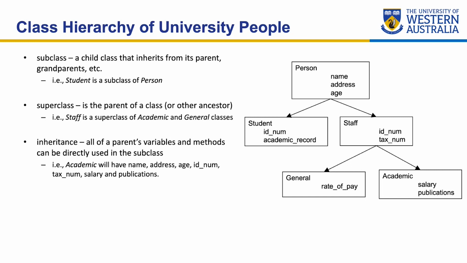So staff is the superclass of academic and general. Person is the superclass of student and staff, and also academic and general. Inheritance means all of its parents' variables and methods can be directly used in the subclass. So student will inherit the name, address, and age from the person superclass.